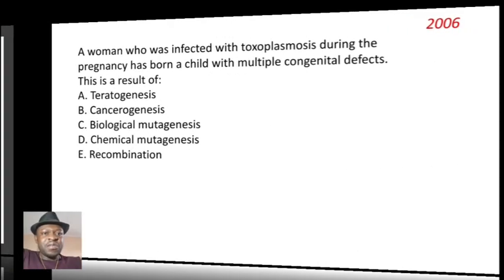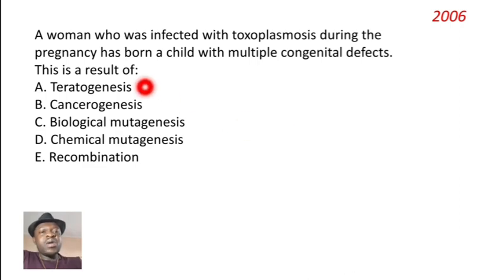Okay, let's continue. A woman who was infected with toxoplasmosis during pregnancy has given birth to a child with multiple congenital defects. This is a result of what? It's repetition. Think, how is it transmitted? And how does the pregnant mother usually get the parasite?